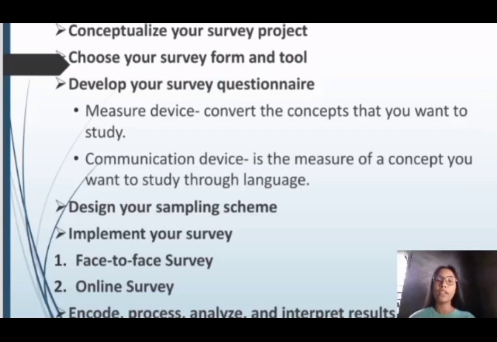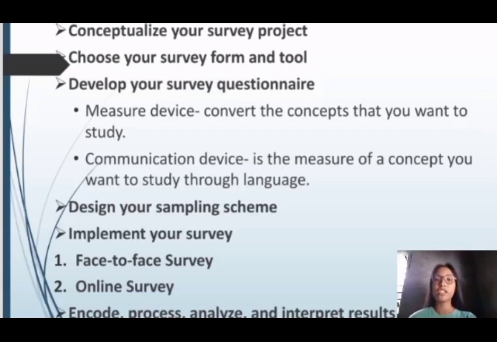The second one is the online survey. It is a well-articulated and formatted questionnaire used when implementing a self-administered survey. This means that a research participant is given a set of questions in writing to which he or she is asked to respond.